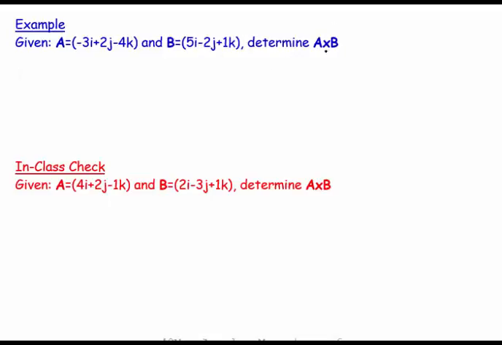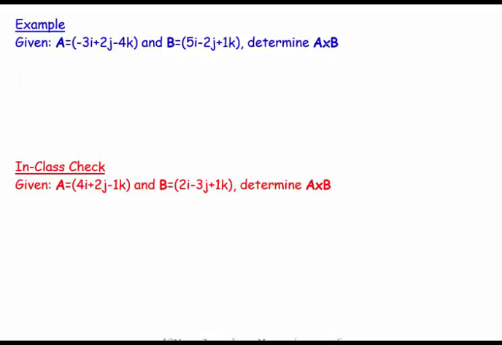Remember, there's two types of ways I can multiply vectors together. I can multiply two vectors together and get a scalar product, which is symbolized by a dot, and that's called a dot product colloquially. And I can multiply the two vectors together and get a vector product, and that is symbolized by a cross, and it's called a cross product colloquially, and that's what we're doing today.